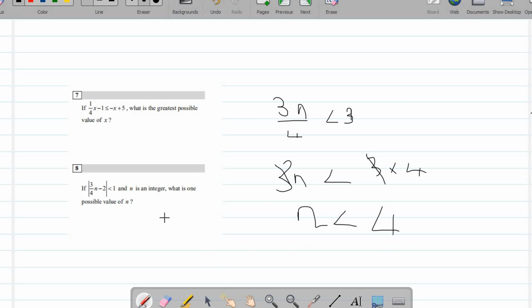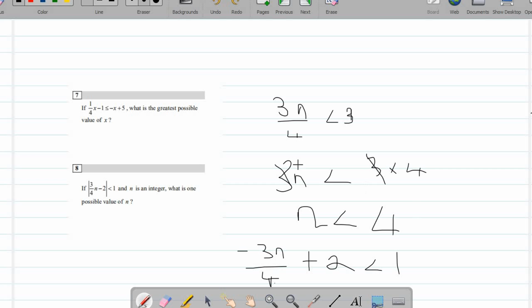We'll do it with the negative. The negative, we're having minus 3 over 4 n, minus 3 over 4 is n, that's 3n over 4. We put negative here, we have plus 2 is less than 1.